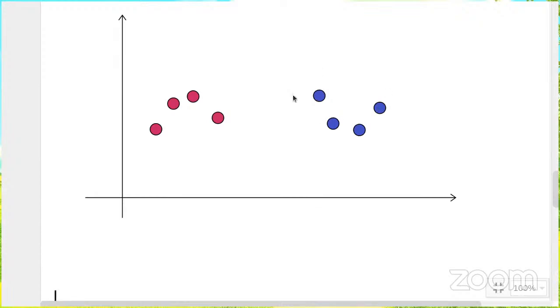So it'll try to model the data itself. The hope is that once I model the data, or understand the data, that will help me classify it better. So for a generative model, the goal is to understand the data itself.